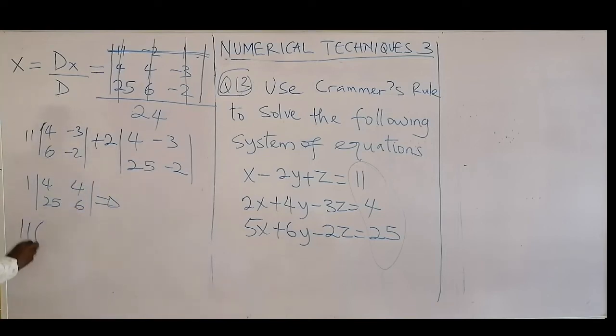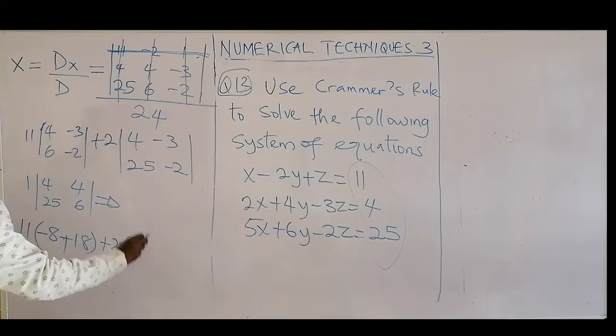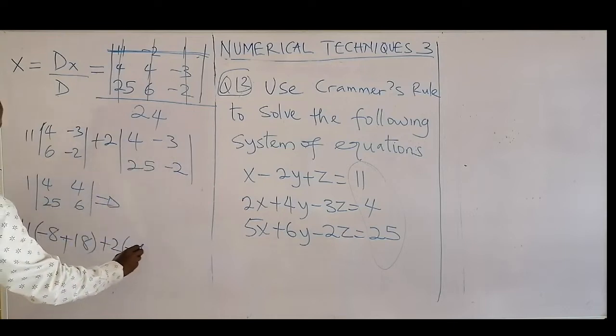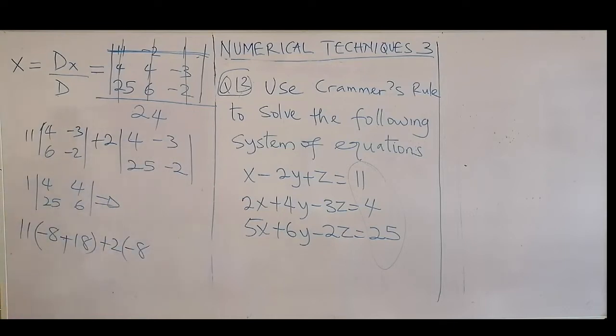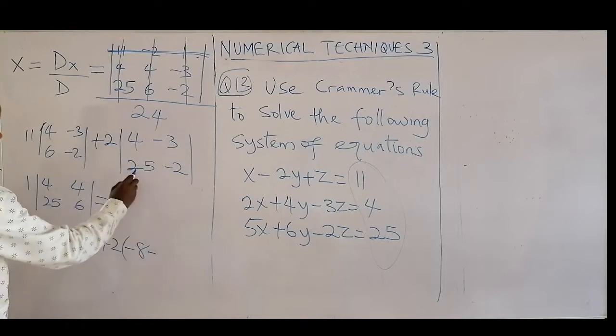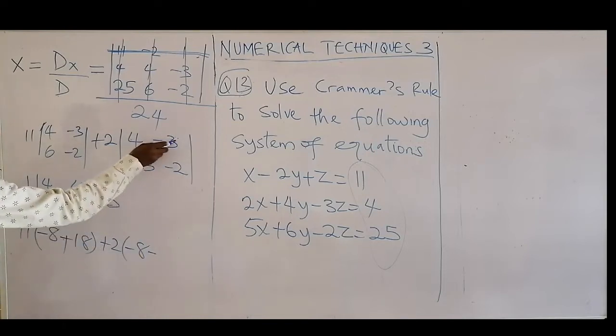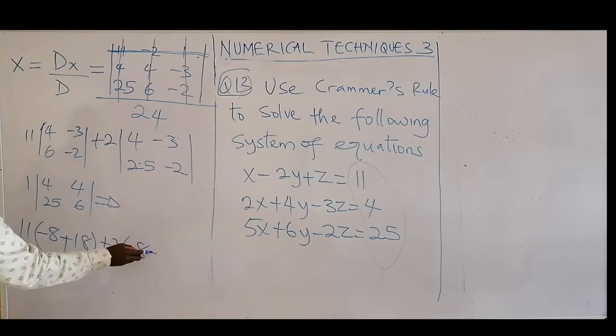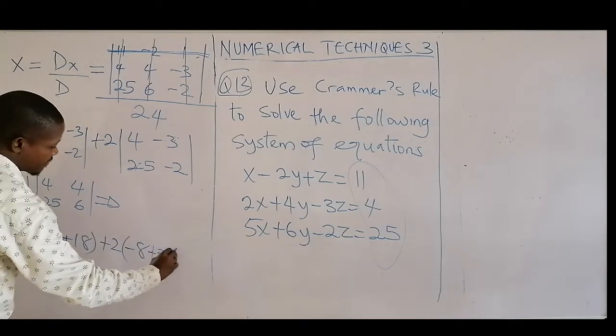And that will be equal to 11 into bracket. This one times this one, minus 8. Then minus this one times this one, that's minus 18, making plus 18. Then plus 2 into bracket. This one times this one, that's minus 8. Then minus this one times this one, that's minus 75. Minus is already here, making plus 75.